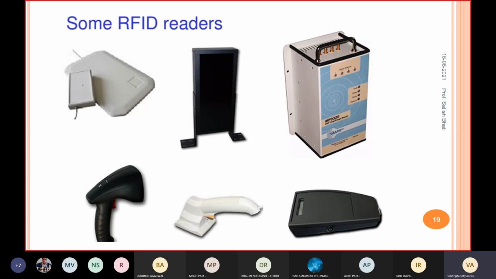Once you place it, whenever the tag comes in range, it will detect the RFID tag, and whatever information is inside that tag is provided by this reader. In some plants you will find such readers. When you find such a reader, it means that company or organization is using RFID technology.